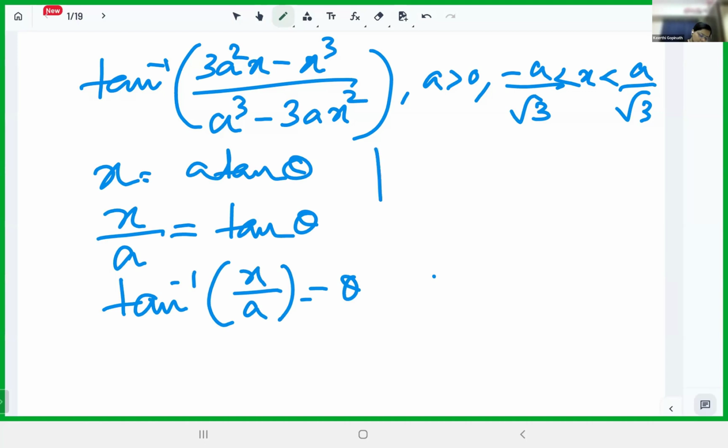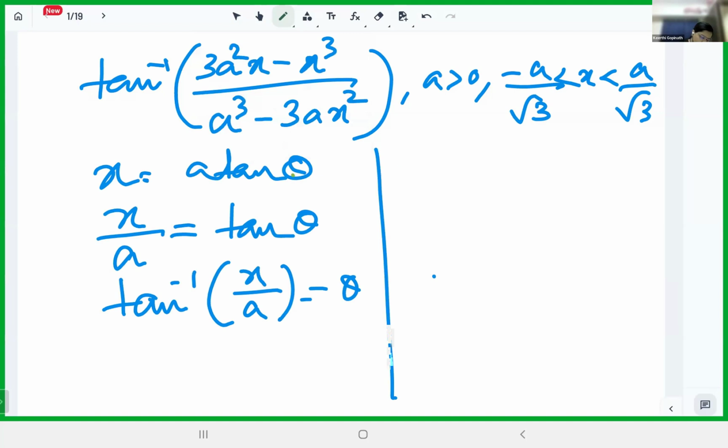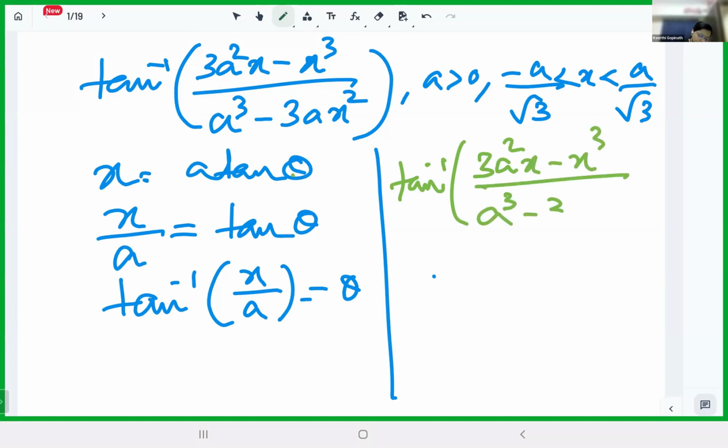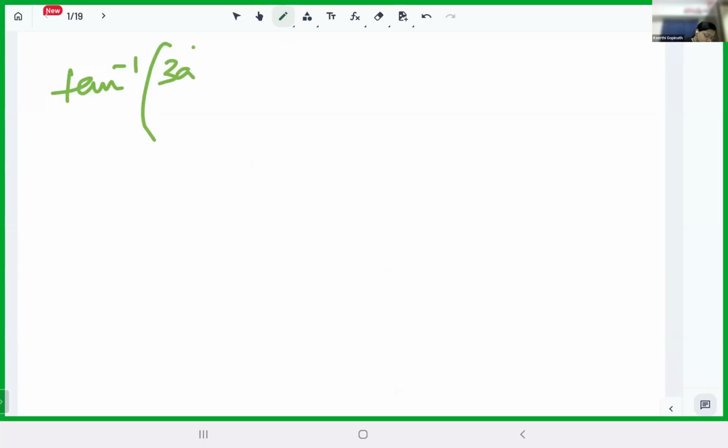Okay, now consider the question. We have to put the value of x in that question. That is tan inverse of 3a square x minus x cube by a cube minus 3ax square. That is equal to tan inverse of 3a square into x, which will become a tan theta. I'll write in a new page, okay? Tan inverse of 3a square x minus x cube by a cube minus 3ax square.